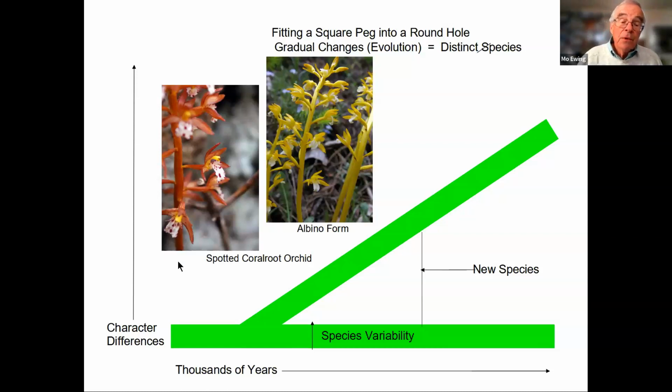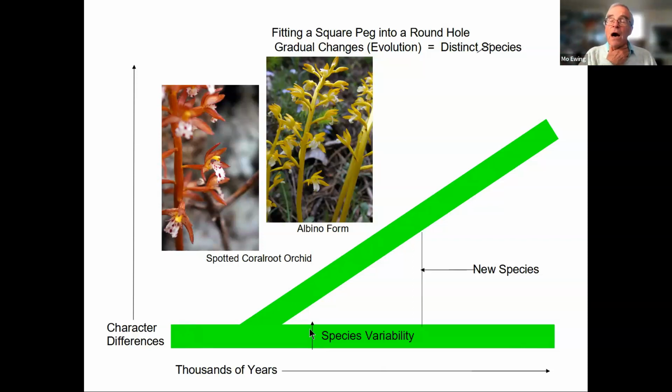So in order to show you this, if you take let's say a group of plants that are growing, let's say on the south side of a mountain 10,000 years ago, even within those plants, there's going to be a certain amount of variability. There are going to be character differences, and that's represented here by the thickness of this line. There's a certain amount of species variability. So let's say some of the plants' seeds get blown to the other side of the mountain.